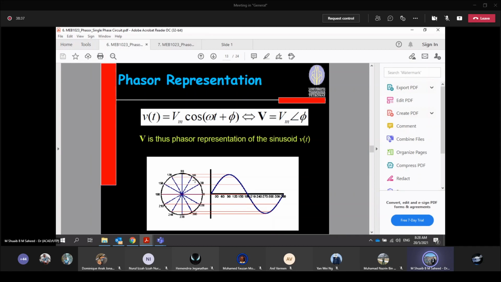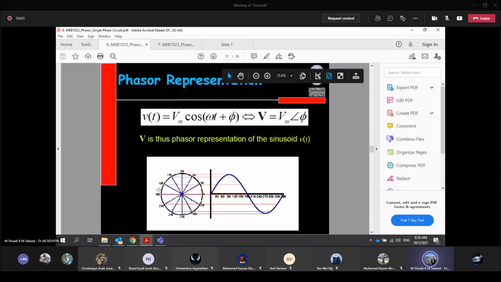Just imagine if you have, let's say, 5 waves, and you try to analyze by drawing all 5 of them, it will be really difficult for you. If you represent them in phasor form, you will just see 5 lines according to the phase angle.